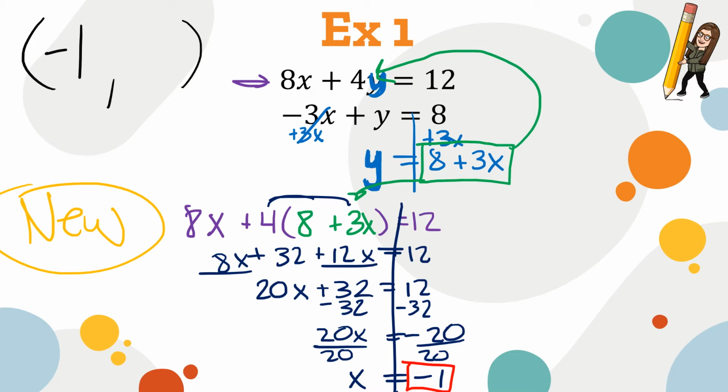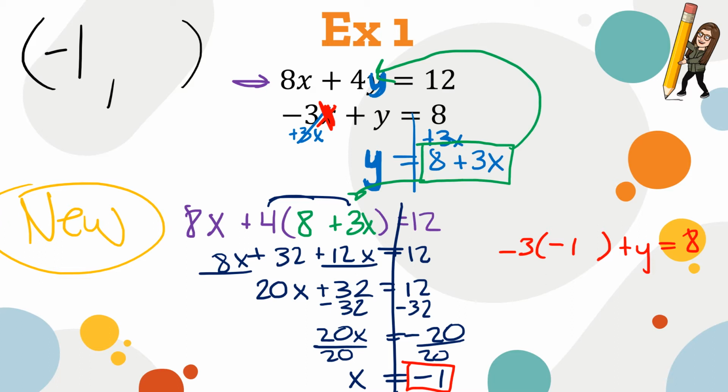You could pick the top one or the bottom one. Doesn't matter. I'm going to pick the bottom one because it looks smaller. That's really the only reason. So instead of x, I'm going to plug in a negative 1. See how I did that? Instead of this x, I plugged in a negative 1.